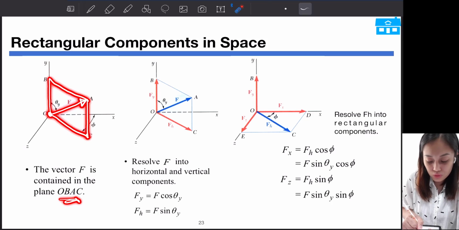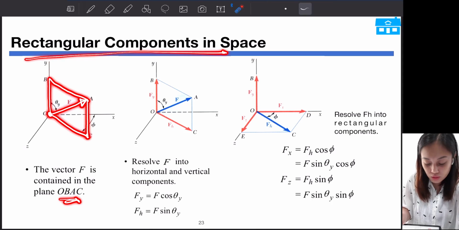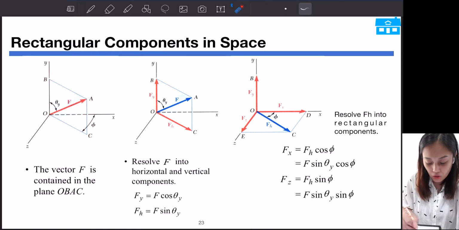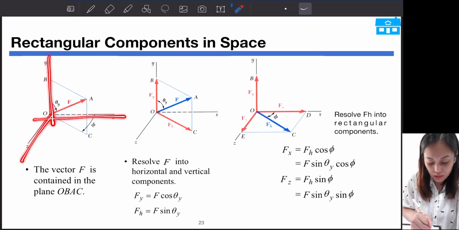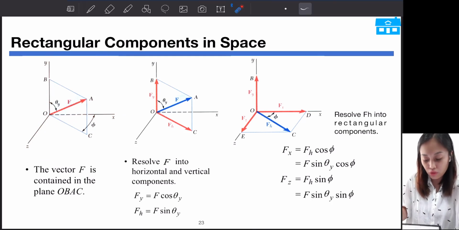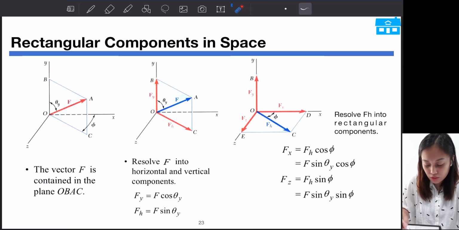In order to resolve the rectangular components in space, what are the components of this force along the X, along Y, and along Z axis? To resolve this into its components, first we draw the plane in which it acts.